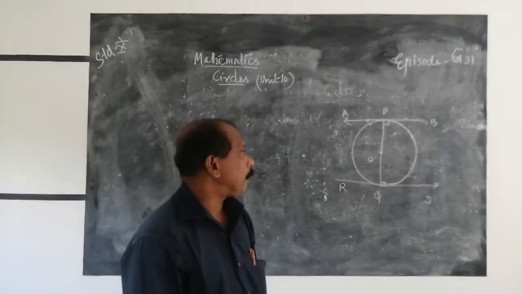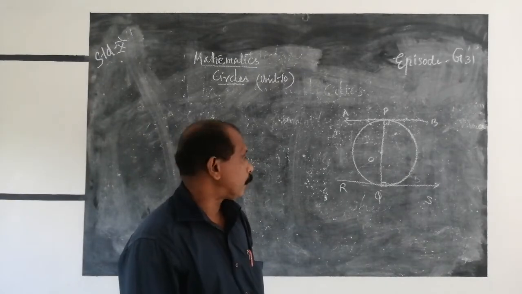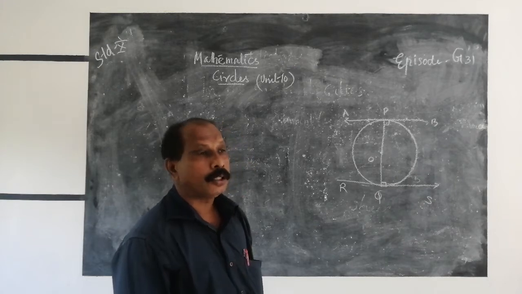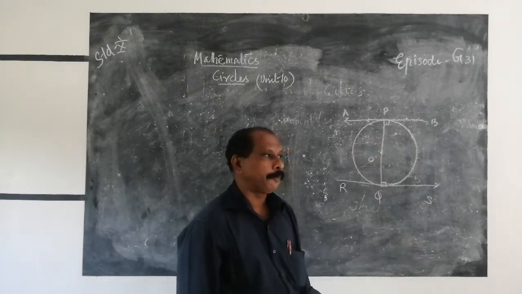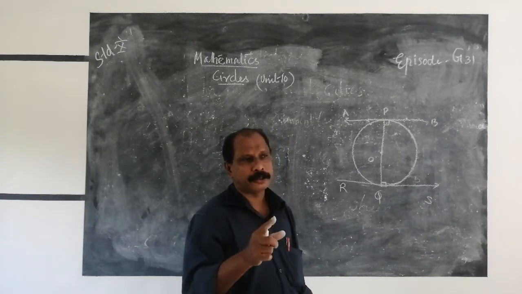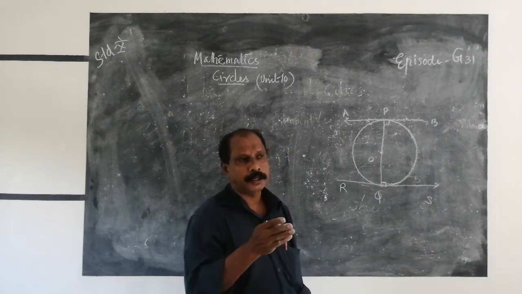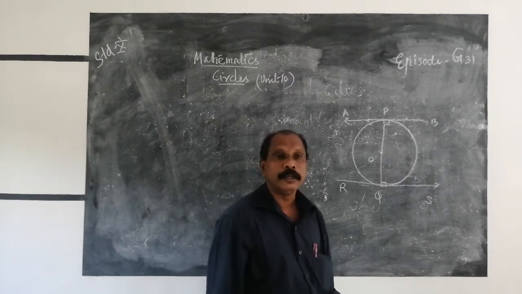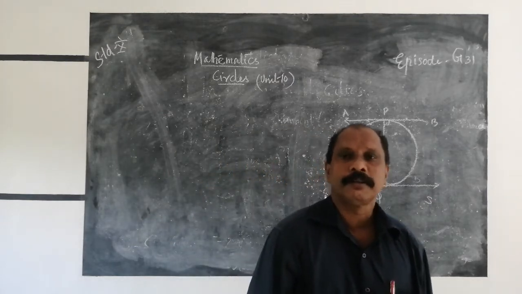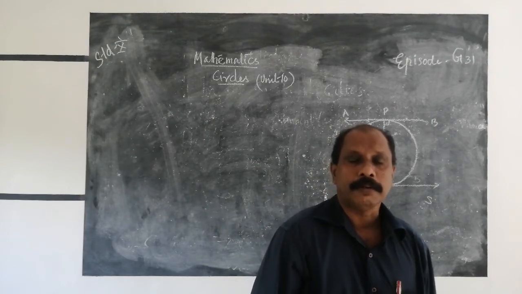The tangent at P is AB, the tangent at Q is the other one. We know that the angles at Q and P are 90 degrees. The sum of the interior angles made by two lines with a transverse line is 180 degrees if they are parallel; otherwise, it is not.